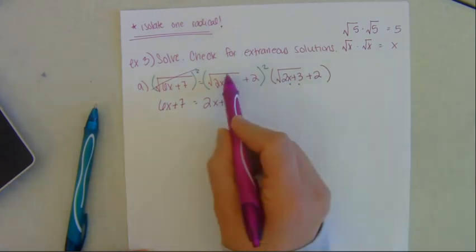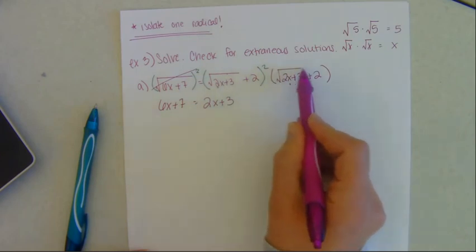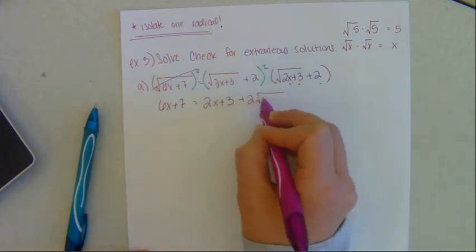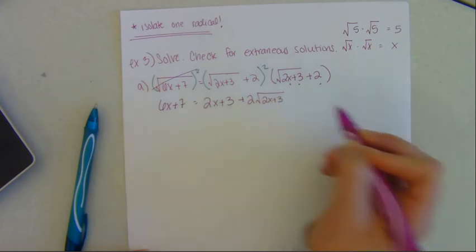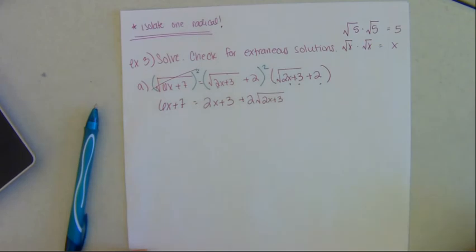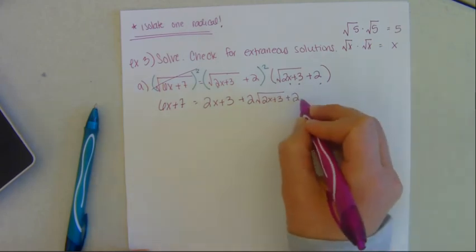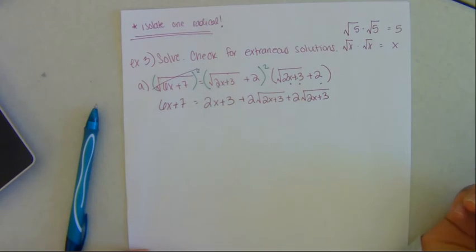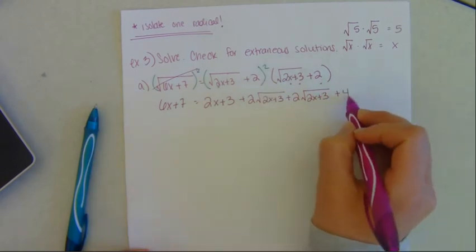And then we're going to take this square root of 2x plus 3 and multiply it by 2. So I'm going to get 2 square roots of 2x plus 3. And then I'm going to take this 2 and multiply it by the square root of 2x plus 3, and I'm going to get another 2 square root of 2x plus 3. And finally, I'm going to multiply 2 times 2 and get 4.